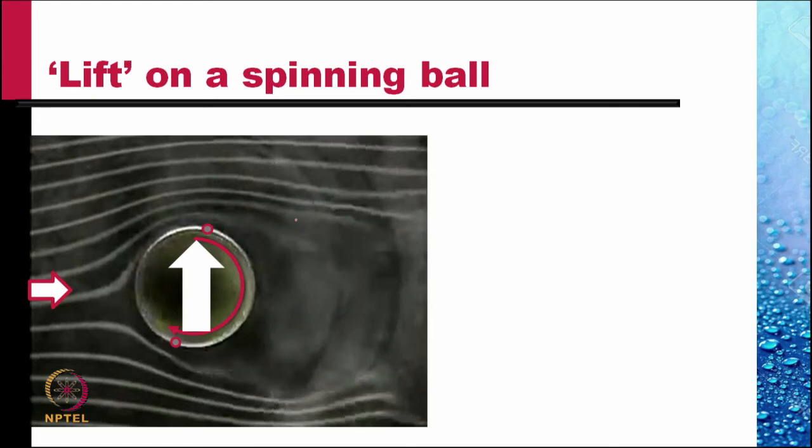This force, termed lift because it is perpendicular to the direction of motion of the ball moving to the left, is utilized in most sports to deviate the path of the ball.